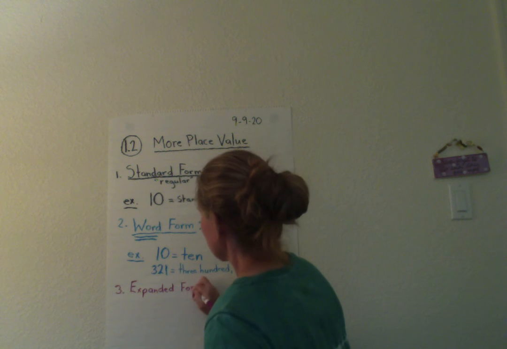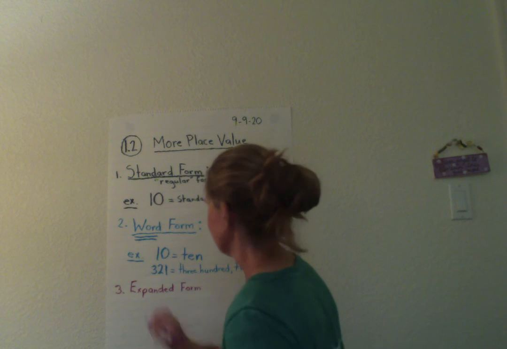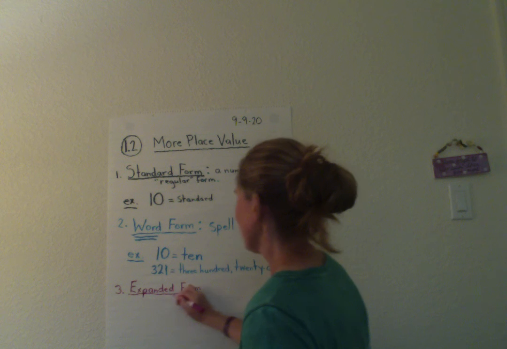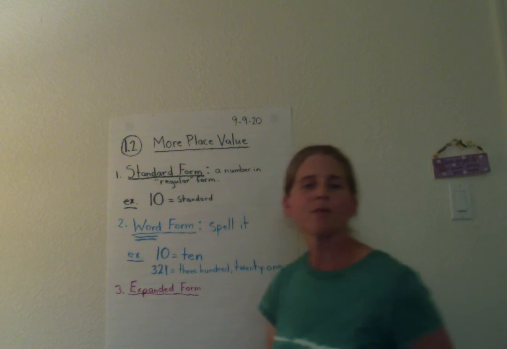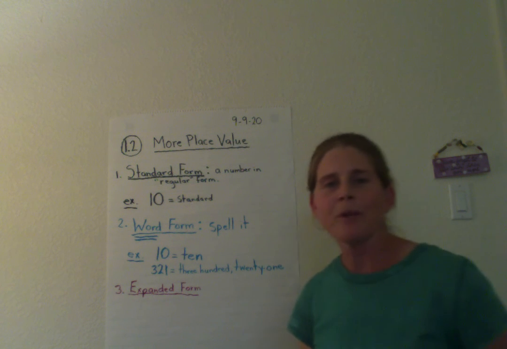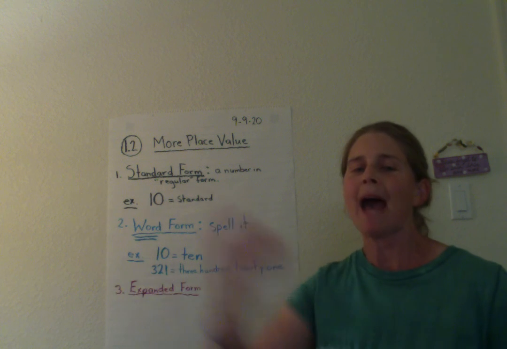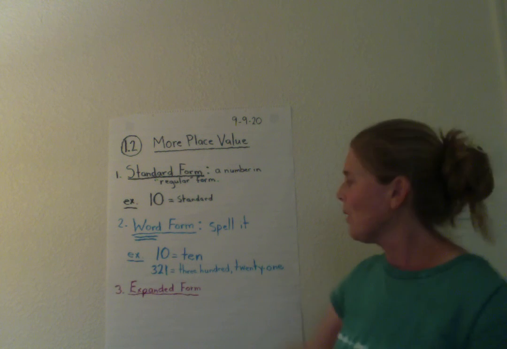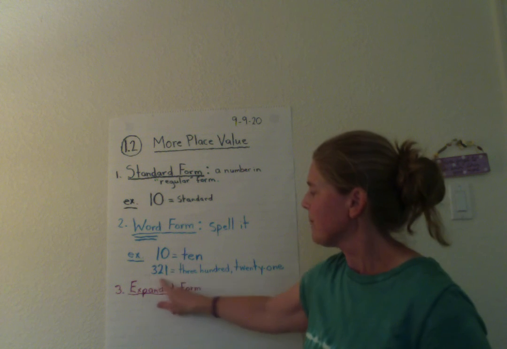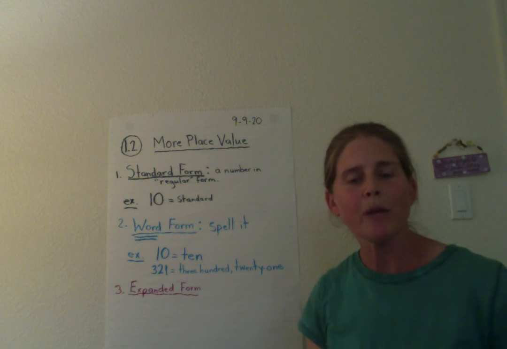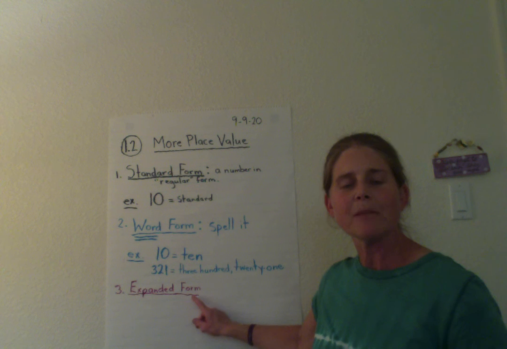I know that in my 3rd grade class, I always thought about expanded form like bubble gum. And I would tell my students, it's like stretching that gum out of your mouth. So I'm going to use this number, 321, and I'm going to show you expanded form.